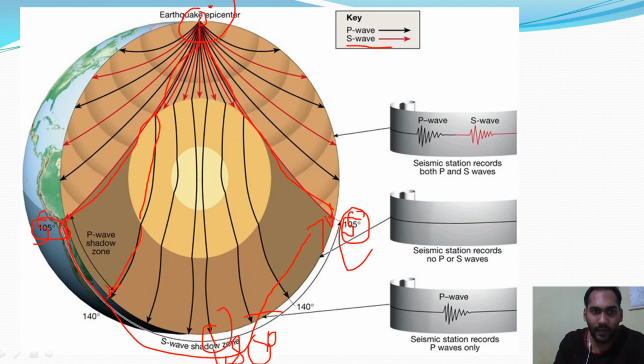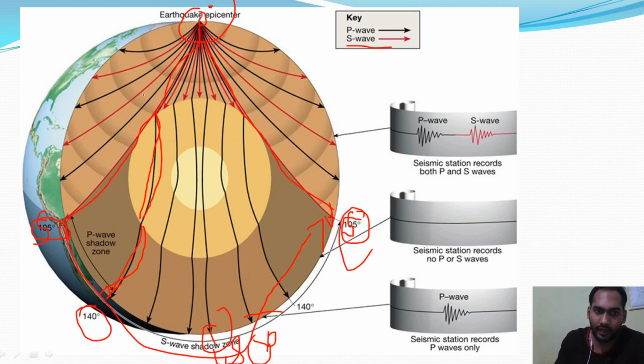If P is coming directly, that is at 103 or 105, direct P will get it here, same as S. But when P enters the outer core, and then comes out to the mantle itself, then we will find it again at 140 or 143, right? In some books it is 143 or it is 140.